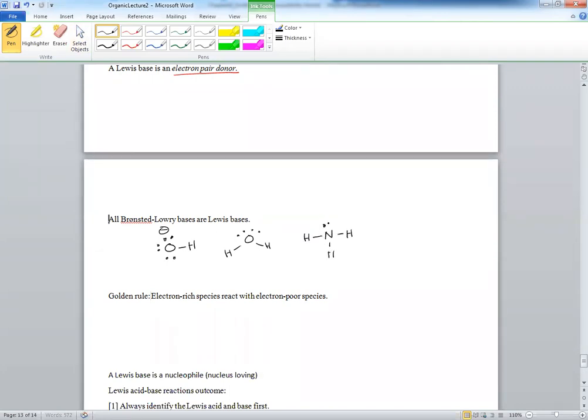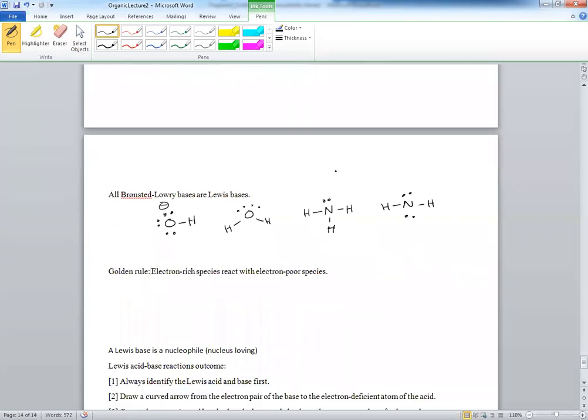Ammonia, or even amide ion. So these are electron pair donors. They have plenty of electron density. You see it right there, right here. And of course, all of this right here.